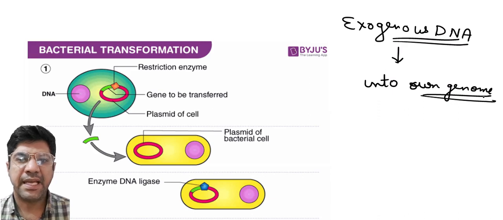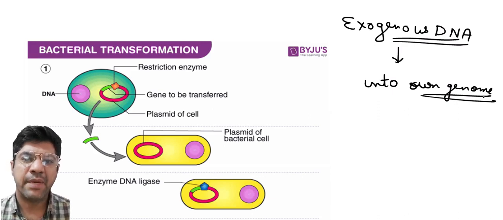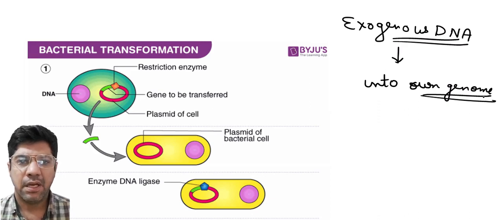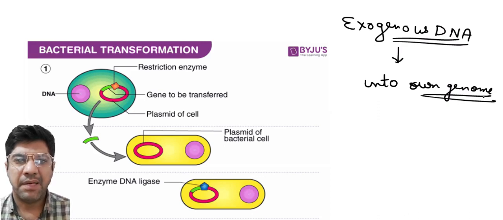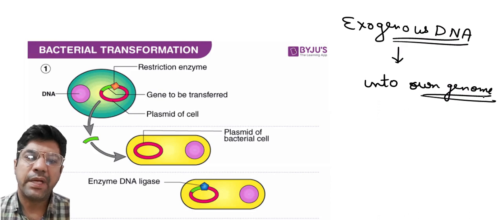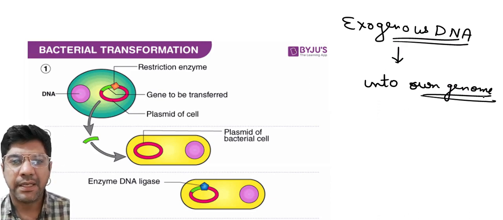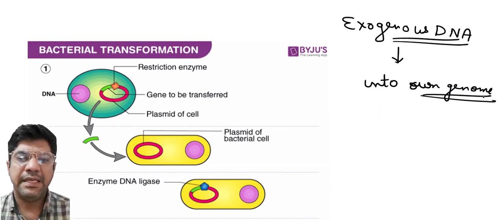This DNA can be in the form of free floating fragments or even released from live bacteria. In the transformation process, bacteria have developed specific mechanisms to take up DNA from the environment. This can occur when DNA from live bacteria or free DNA fragments are released into the environment.